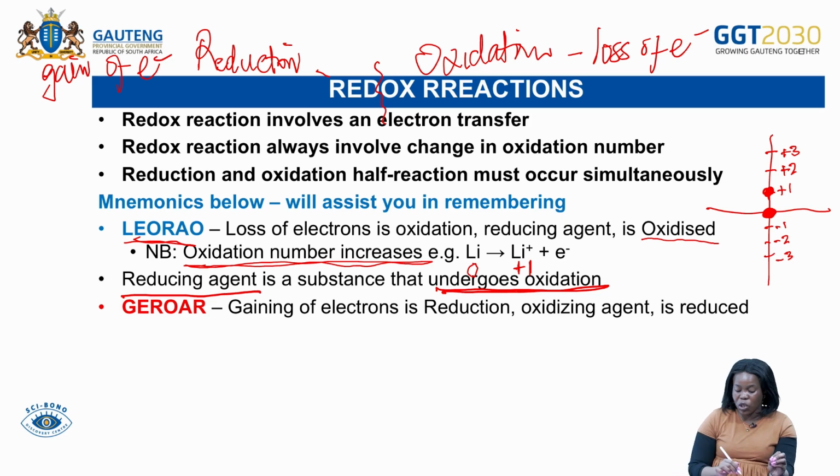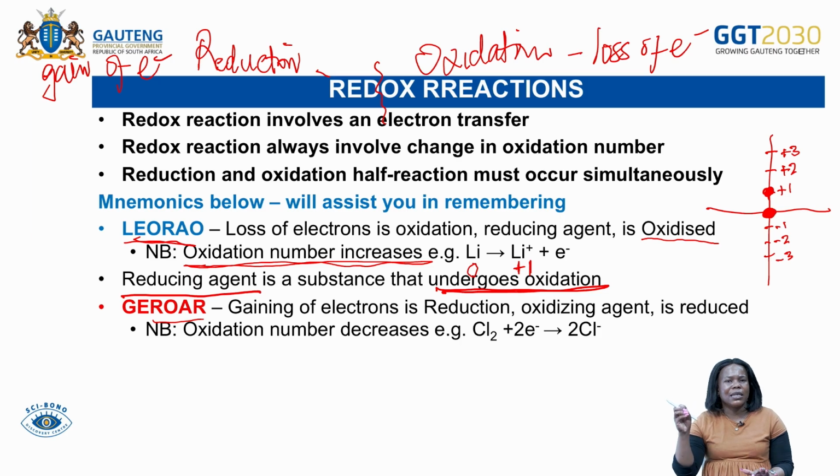I always say GER because this is the second part. What does it mean? What is it that it has to remind you of? G for gaining of electrons is reduction. Then the oxidizing agent is what? Reduced.